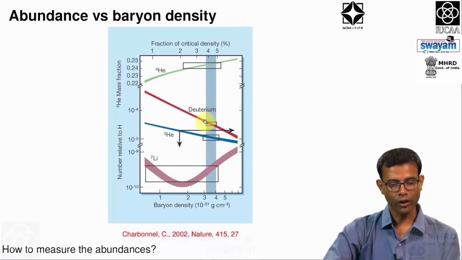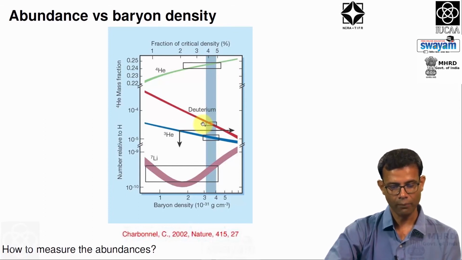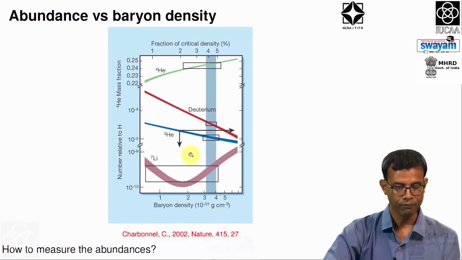If you do that, the deuterium abundance gives you a range between this point and this point. That would tell you that to satisfy deuterium, I need the baryonic density to vary between this point and this point, somewhere between slightly less than 4 to slightly less than 5%, that is the omega.